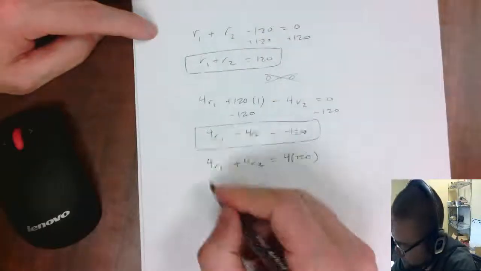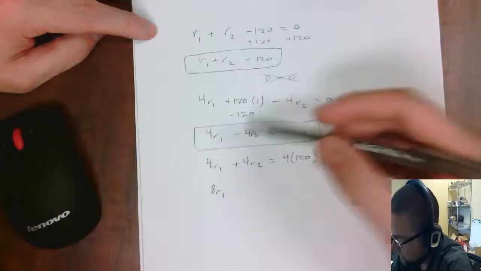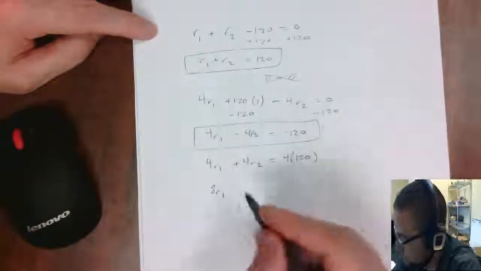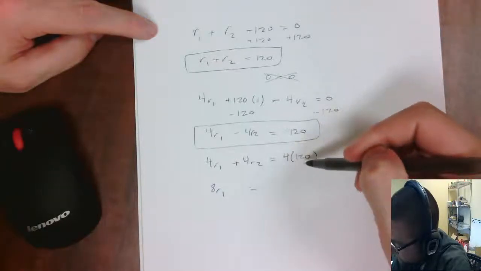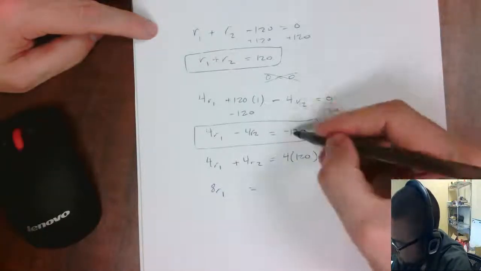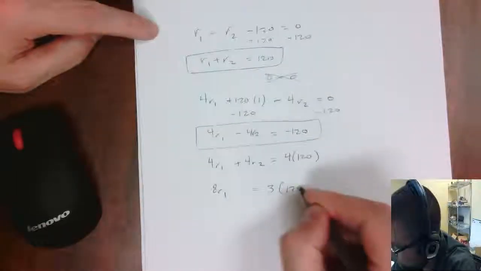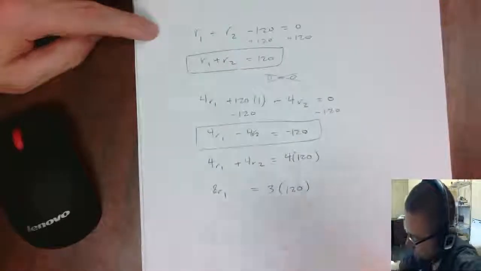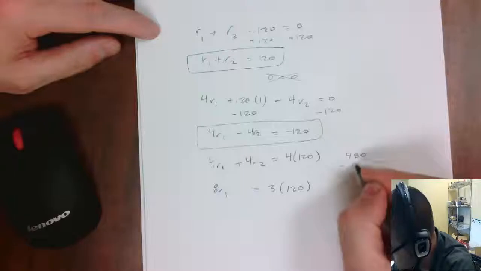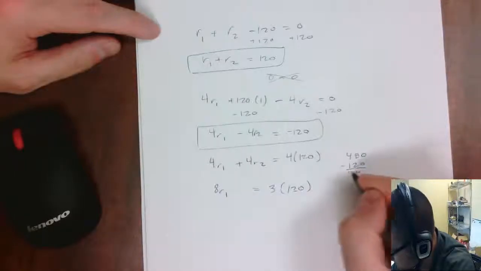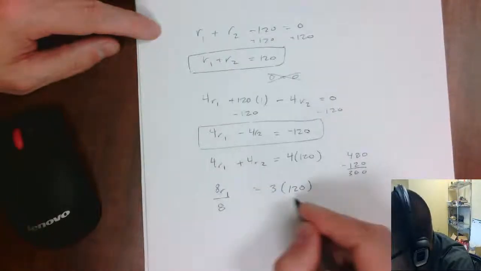So 4 plus 4 is 8R1, and minus 4 plus 4 for R2 cancels out, so it's eliminated. That equals minus 120 plus 4 120s. It's like I'm taking away 120, so it would be 3 120s. I could multiply this out and make it 480 minus 120, which is 360. Alright, so divide both sides by 8.